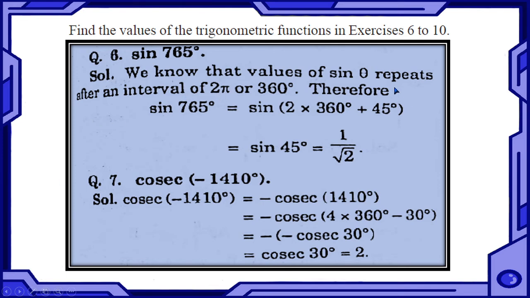So we know sine theta repeats after an interval of 2 pi, or we can say 360. So 765 can be written as 360 into 2, which is 720, plus 45, which is sine 45, because if I have sine 10 degree and I have sine 370 degree, both will give me the same value. Same way sine 45 will give me the same value as sine 765.